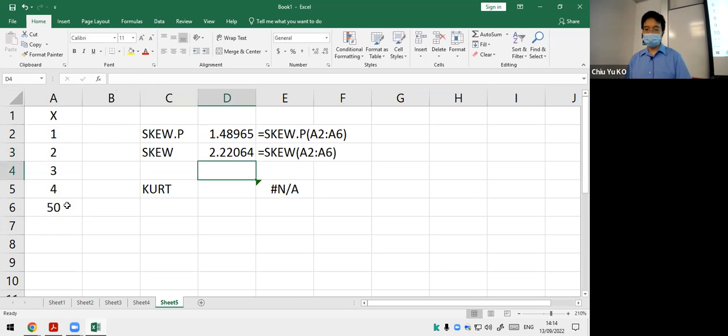I don't know why they do it, but this is how they do it. You can see the sample one is higher than the population one, as we said in class, because that one is an underestimated skew.